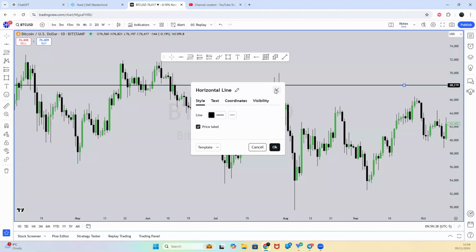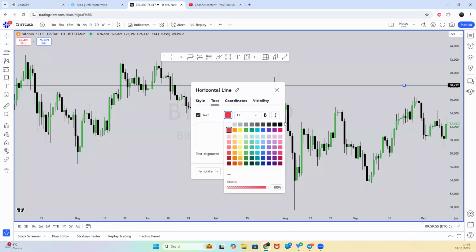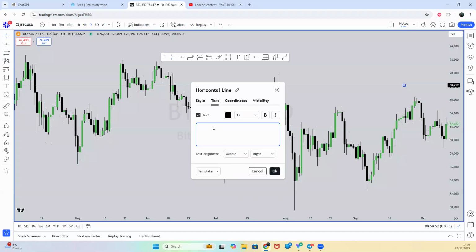One other quick tip for TradingView is that you can change the look of your lines and then save it as a template. If I wanted to, in the text here, say that this was daily resistance, you can see that's coming up on the right hand side of my chart.